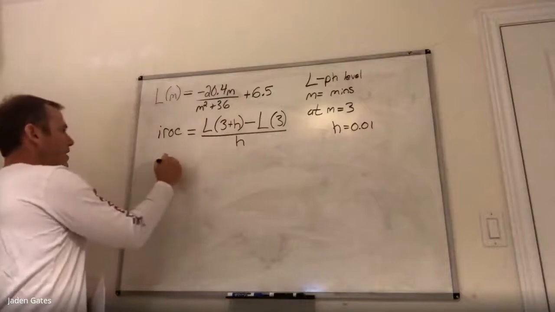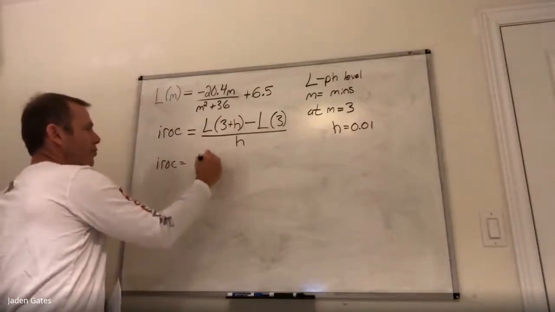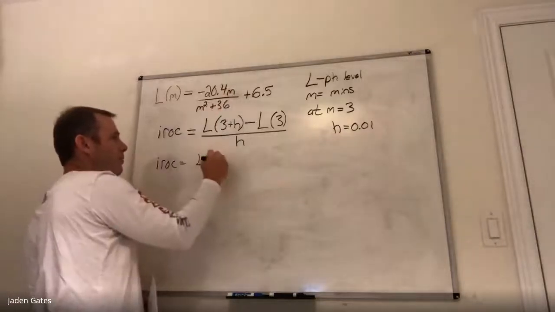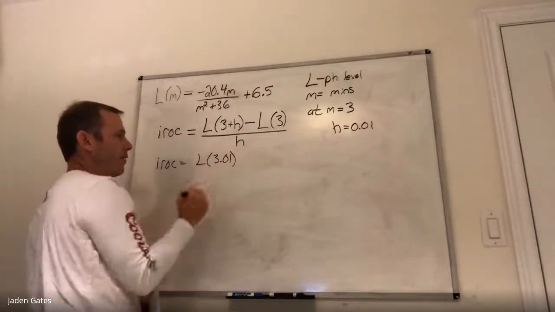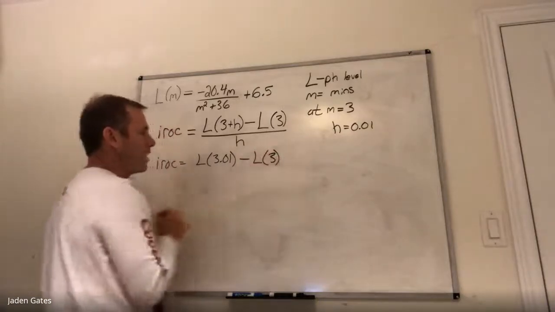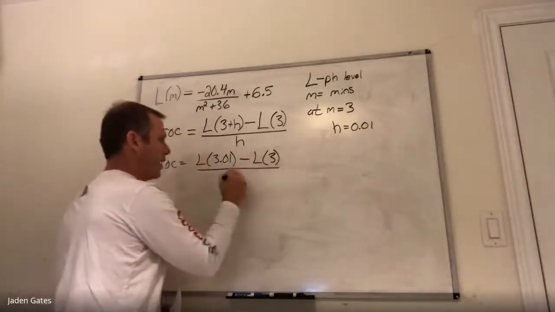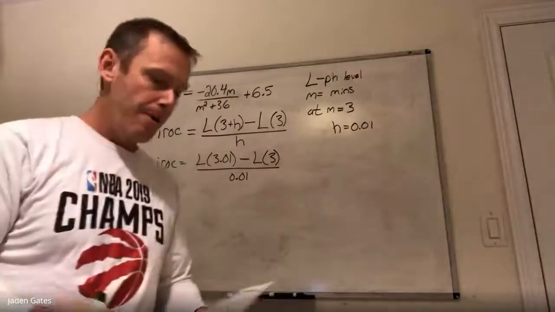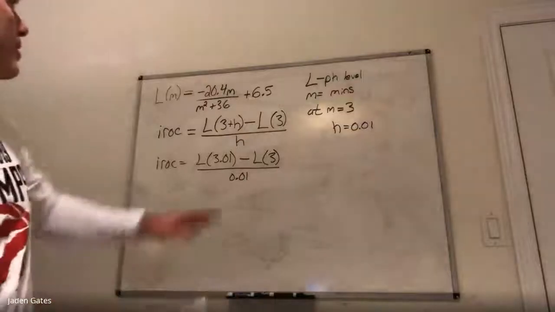So for the instantaneous rate of change, just like I did for the average rate of change, I'm going to plug in 3.01 into that function. I'm also, for a y1, going to plug in a 3 into that function. And down below, I have my h value, which I have picked as 1/100th. All right, now, substituting in.